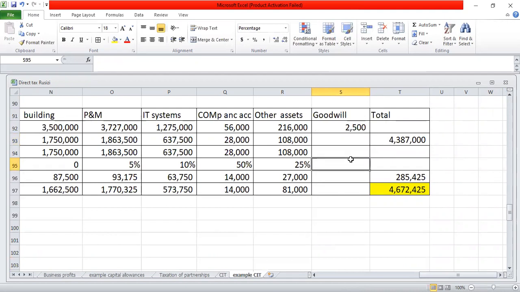They are going to depreciate it at 10%. So we are now going to have a total capital allowance of this.